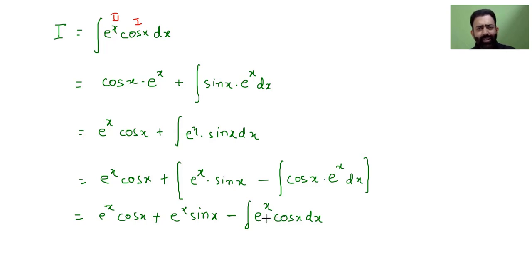Again you will get a product of two functions in multiplication. So you will apply integration by parts again. The moment you apply integration by parts, in place of cos x you will get sin x. So what you are noticing here is that initially I have the function e raised to power x cos x. You apply integration by parts, right? You get e raised to power x sin x.